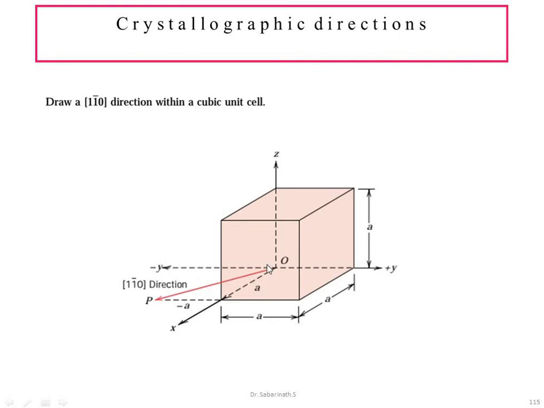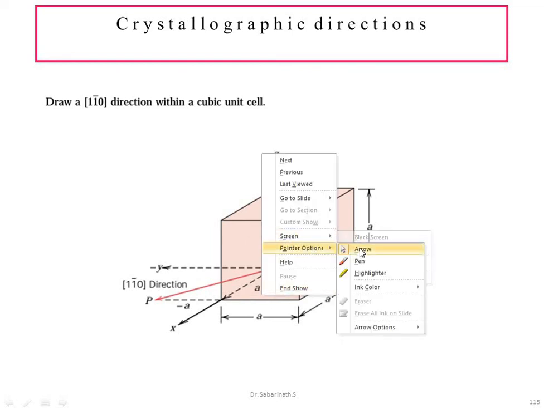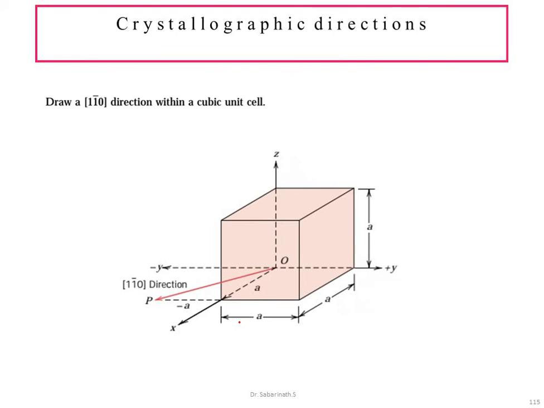For x we have 1, the positive 1, for y it is -1, and for z the value is 0, so it lies here. The common point where it lies is this one, so this is the 1 bar 1 0 direction.